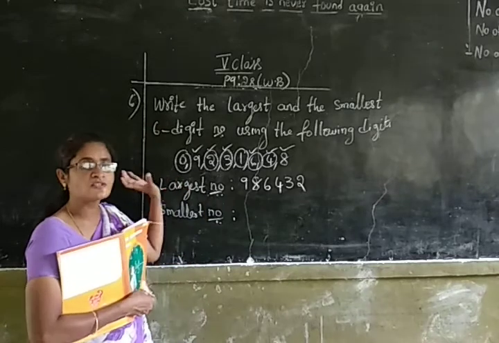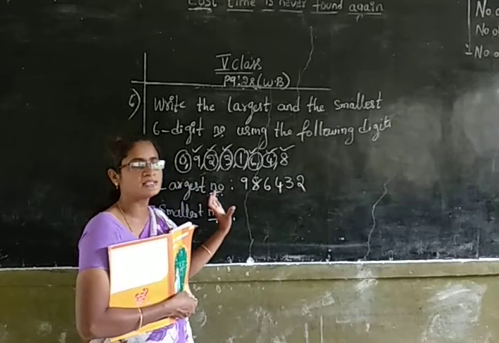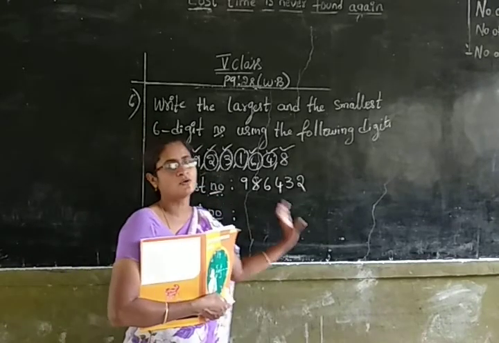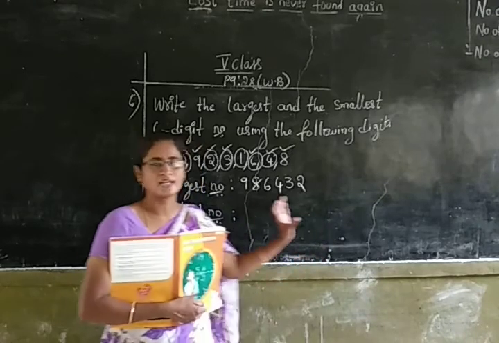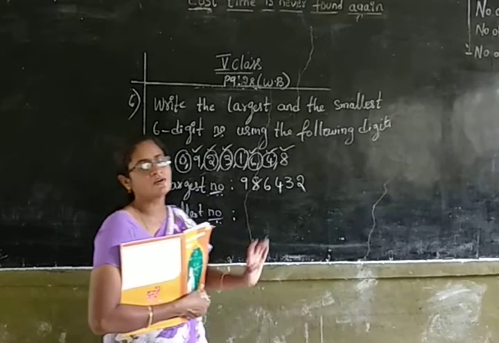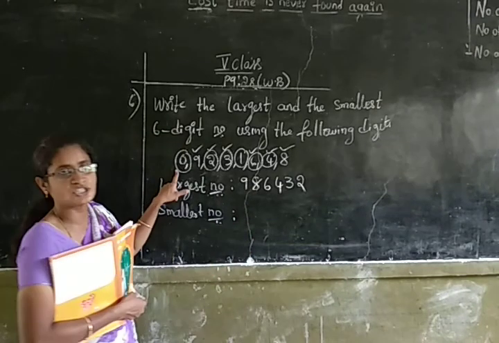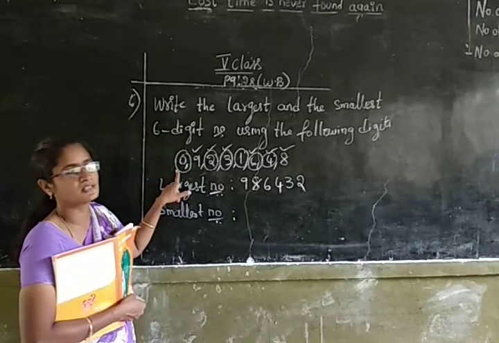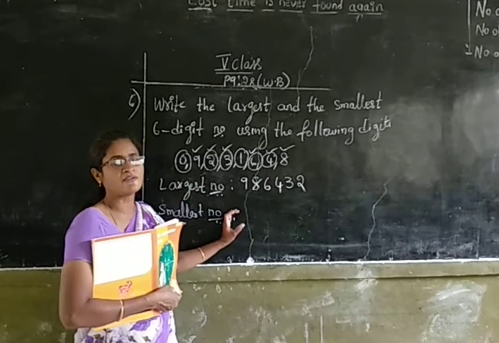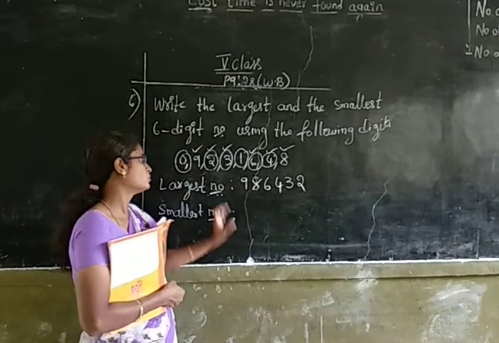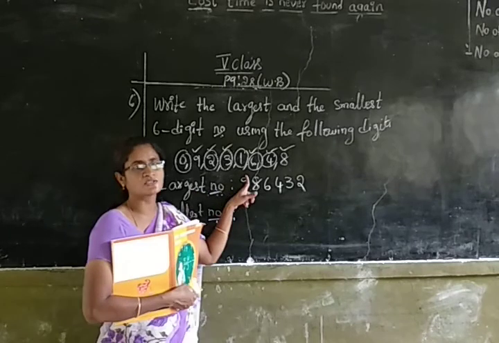Now for writing the smallest number, you have to arrange the given digits in ascending order, which means small to big. So which is the smallest digit? 0 is the smallest digit in the given digits. But 0 doesn't have any value if you write it first. So the next smallest digit is what? 1.